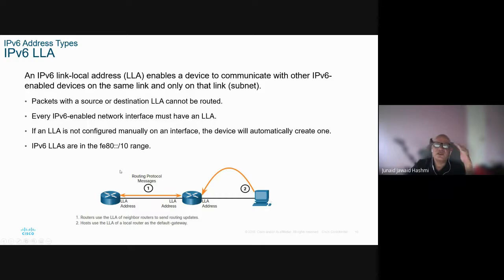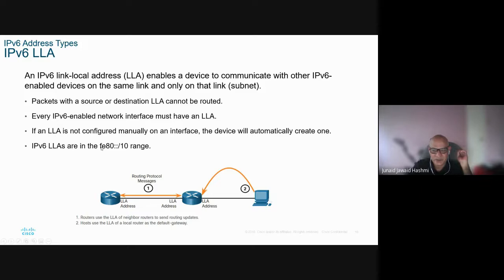This is a private address that cannot be routed onto a different network. So if your address starts with 169, that host cannot access other networks in IP version 4.